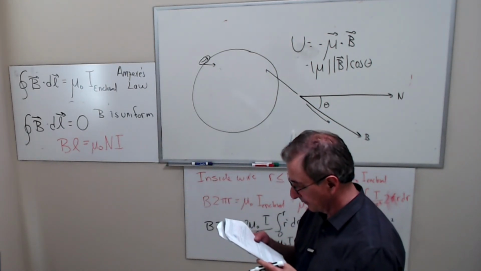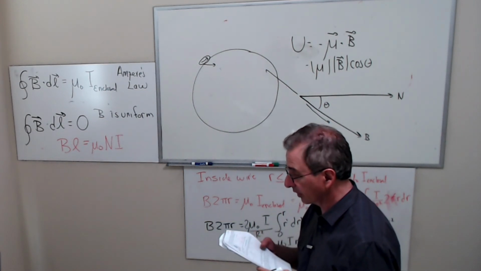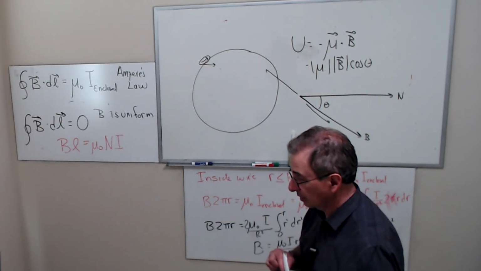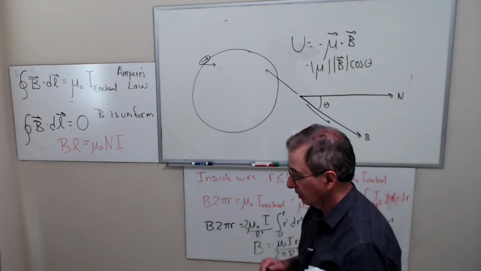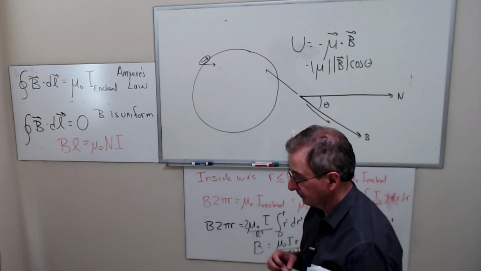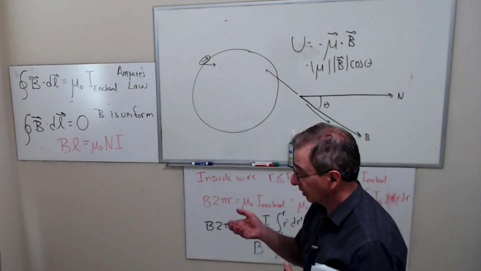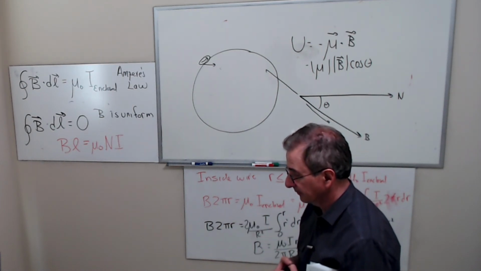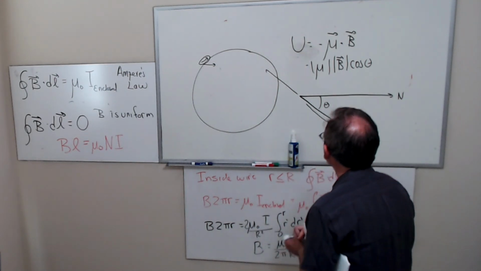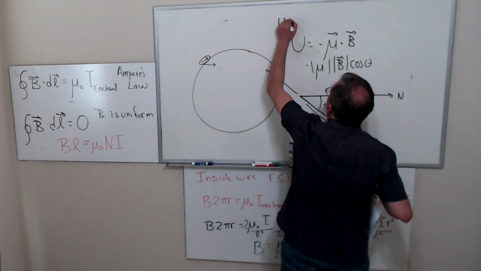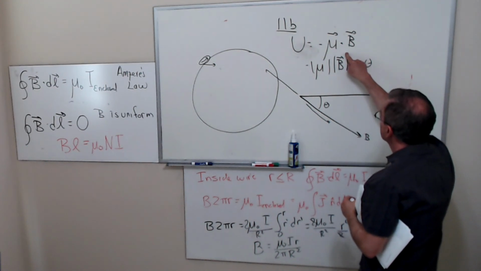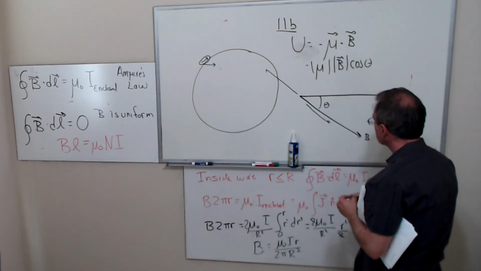And then how much work does it take to go from one orientation to the other? Just take the difference, max minus min. Right, the work done is the change in potential energy. Is that okay, Aiden? Yeah, and the potential energy is just which equation exactly? It's this one. That's the equation I was using.